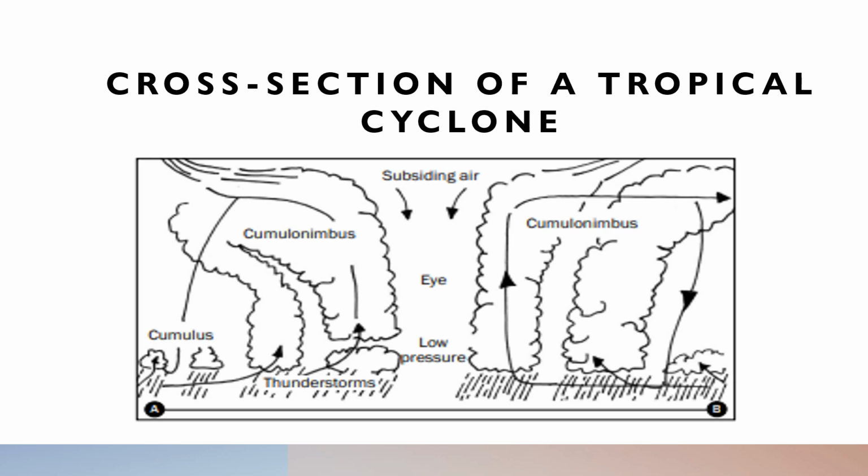There are thunderstorms, and the air is subsiding at the center, but it's rising on the sides. Subsiding air means that here it's clear. There are no clouds. It's as calm as if nothing is happening, but something is happening on the sides.